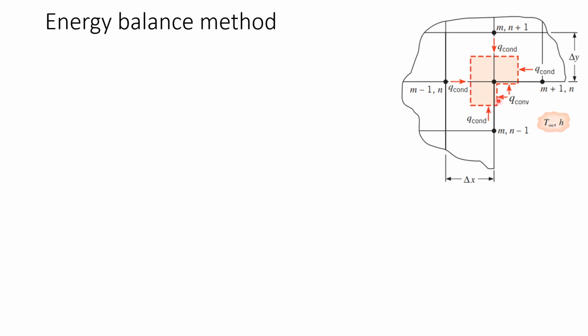So your control volume will look something like this, where you have heat being conducted from the four neighboring cells plus heat being convected from the surrounding air, which is at T infinity, to the node T at m comma n. So you have an additional mode of heat transfer here, whereas in the initial scenario we just had conduction. So let's see how we'll solve this problem.